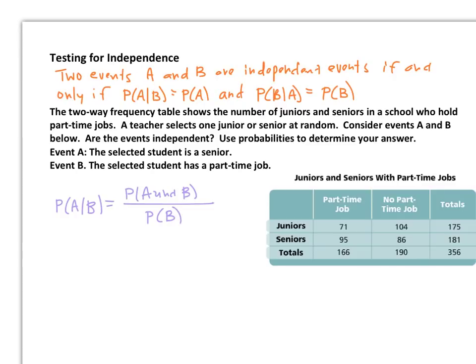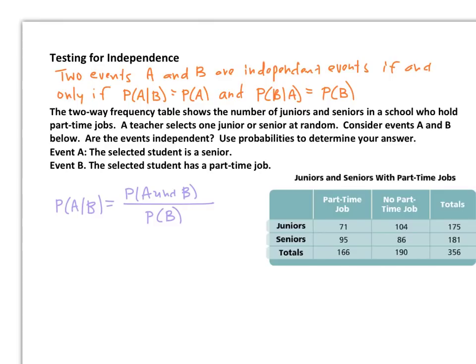So we're saying what's the probability that the selected student is a senior given the selected student has a part-time job? Well, that's the probability that they are a senior and have a part-time job divided by the probability that they have a part-time job.